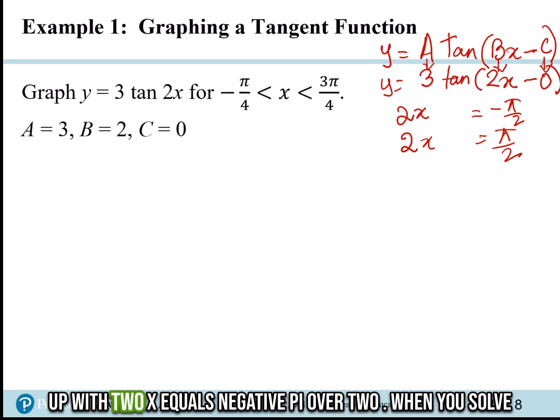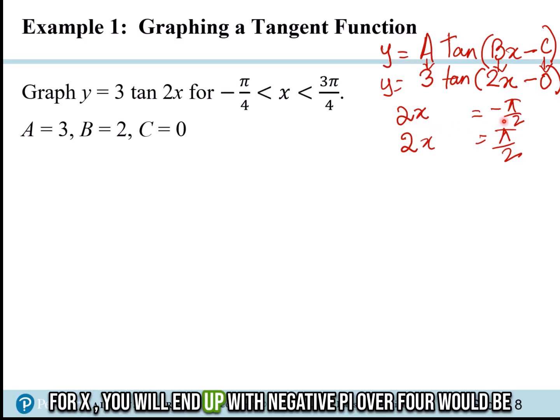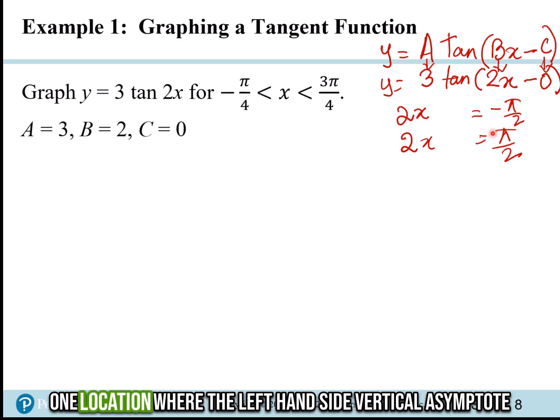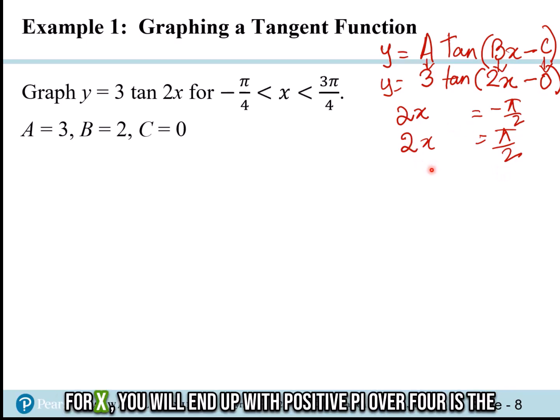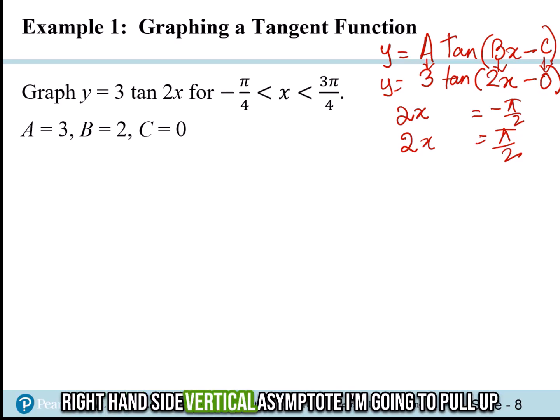So we'll end up with 2x equals negative pi over 2. When you solve for x, you will end up with negative pi over 4 as the location of the left-hand side vertical asymptote. 2x equals pi over 2. When you solve for x, you will end up with positive pi over 4 as the right-hand side vertical asymptote.